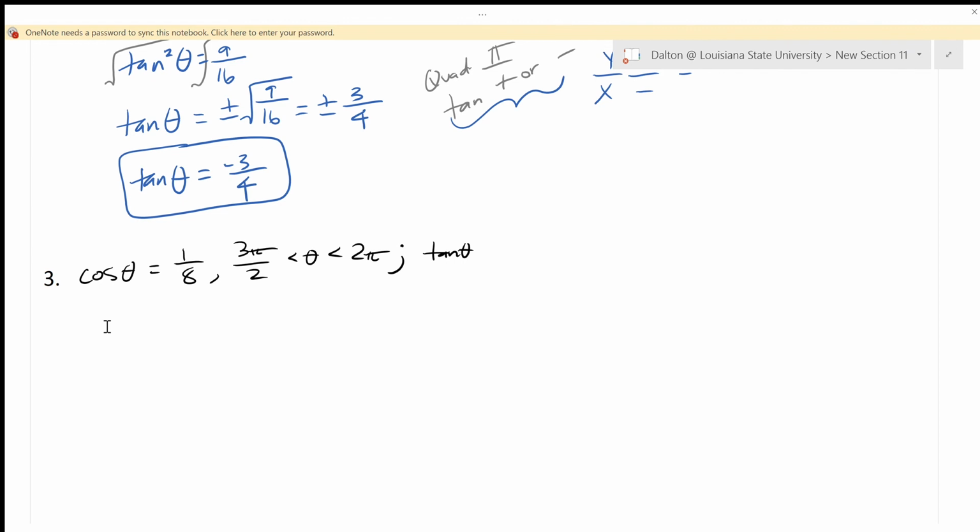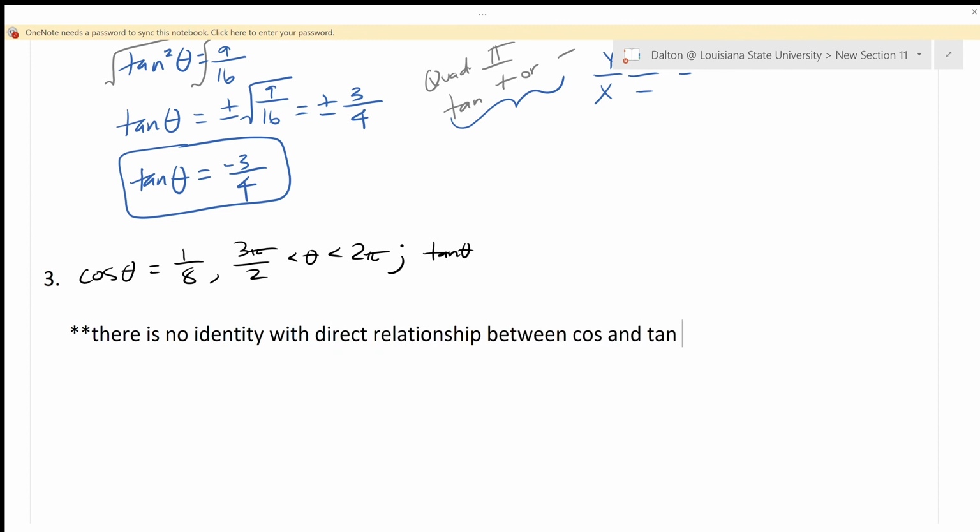You could use that one, Zach, but the issue is it's not a direct relationship. If we do that, we're going to have to deal with something with sine. So here's the issue. There is no identity with a direct relationship between cosine and tangent.